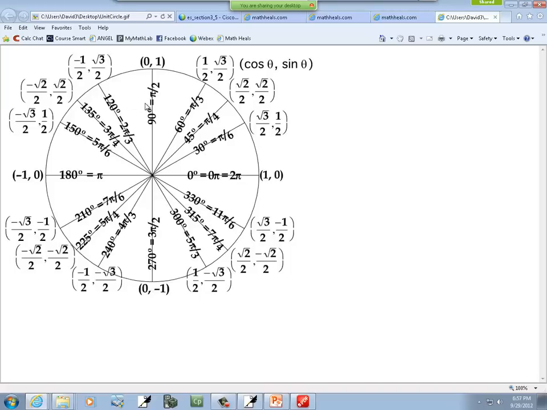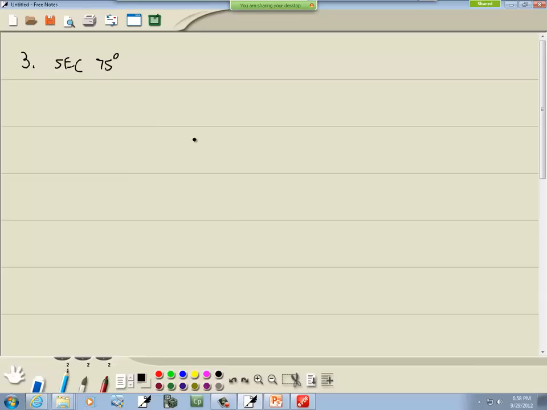Okay, 120 minus 30 is 90, that's not it. 120 minus 45, that's 75. So we can rewrite this as secant of 120 degrees minus 45 degrees.